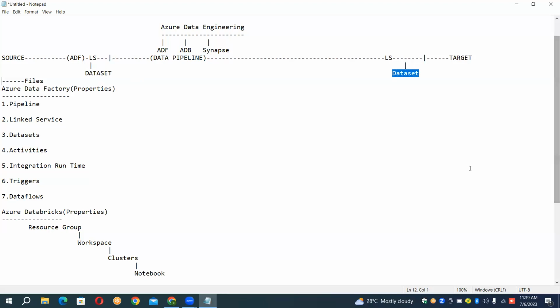To relate this target with the given ADF, connections must be established, whether the storage is Azure or non-Azure, cloud or non-cloud. We must require the linked service essentially. Without that, it's not possible to attach it. And to store the data, we use a data set. A data set is nothing but just a table here. That's it.